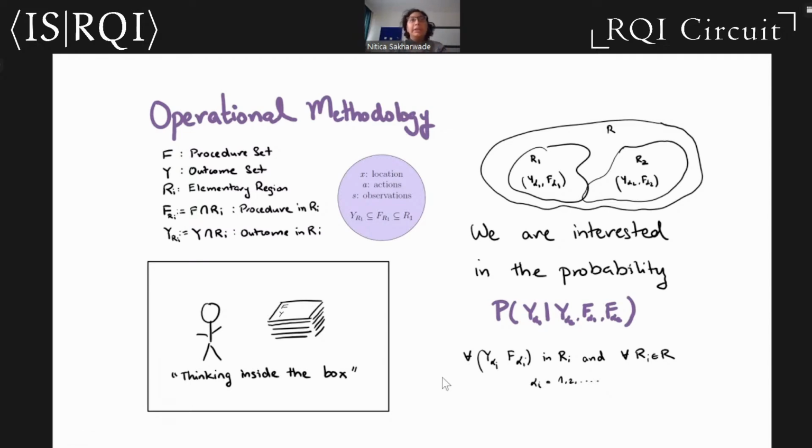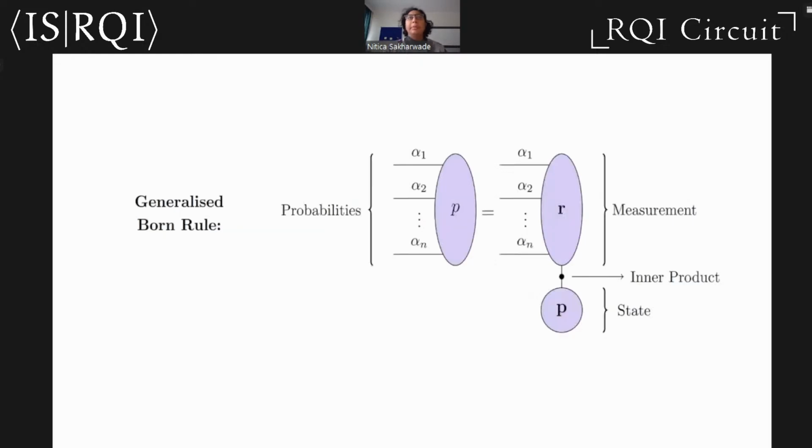And what we're really interested in are conditional probabilities of what outcome you found in some region, given what actions were done in that region, and actions and observations in any other region. So these are the things we want to be able to calculate, these probabilities. And at the level of operational methodology, we say this is akin to the theory itself, without going into ontology, let's say.